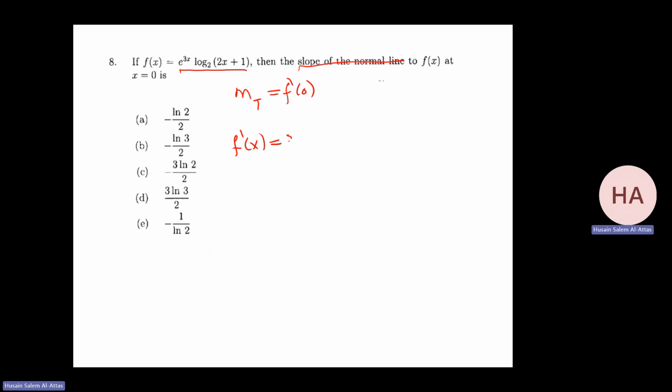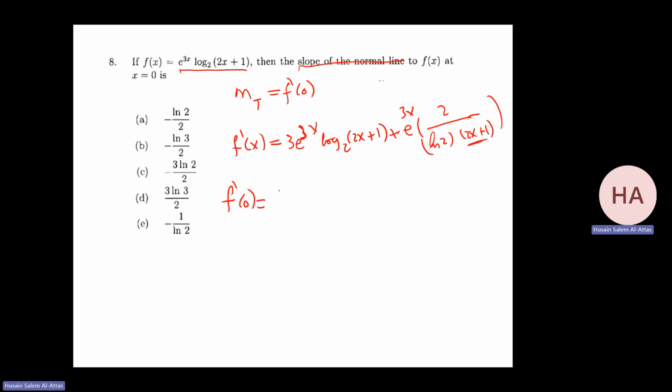Product of two functions. I have 3e^(3x) times log base 2 of 2x plus 1, plus e to the power 3x times the derivative of this. What's the derivative of this? Then 2x plus 1, derivative of that, derivative of u. Okay. Now substitute at 0.